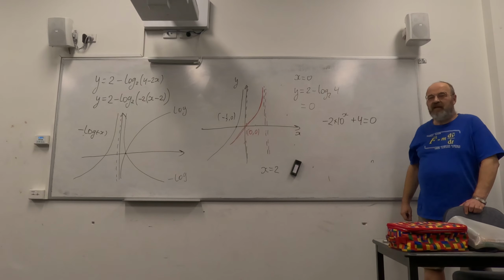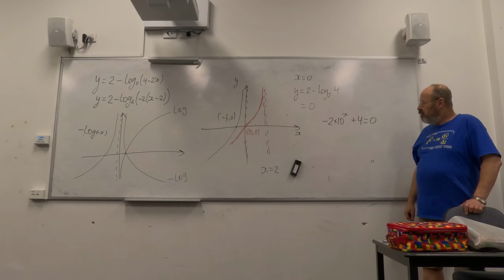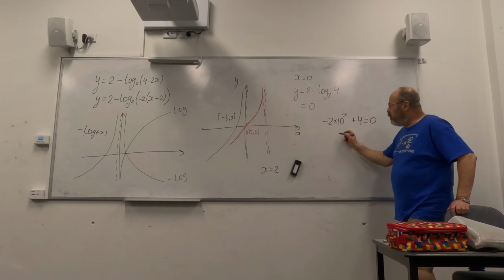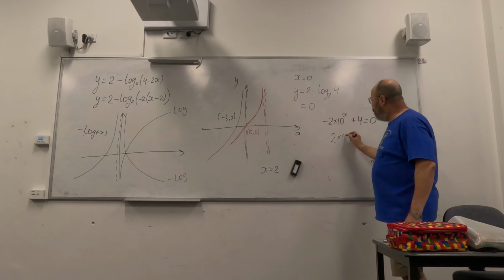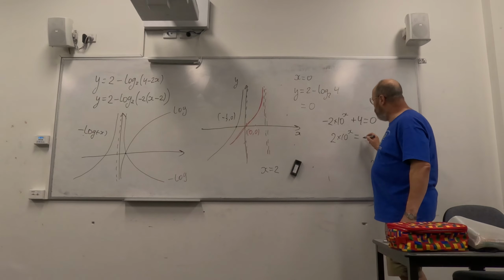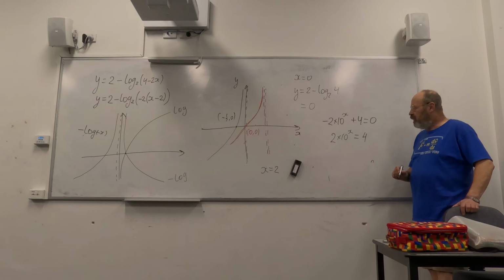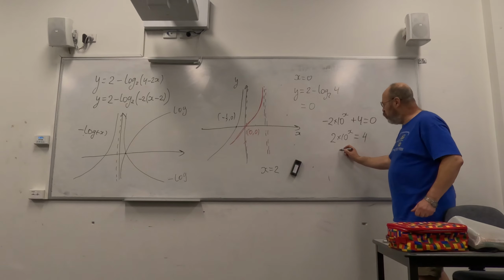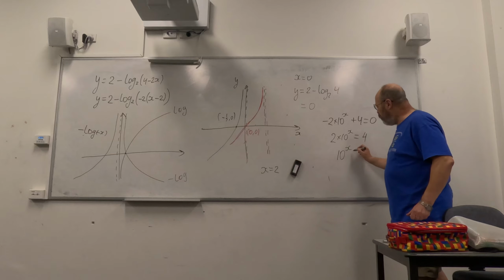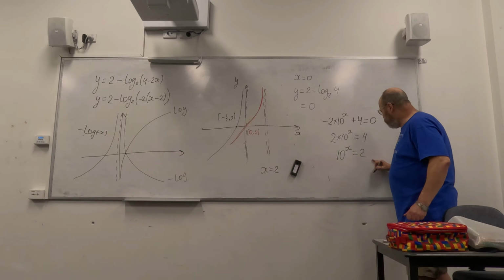First I will rewrite it as 2 times 10 to the power of x equals 4, not negative 4, positive 4. Divide both sides by 2, you get 10 to the power of x equals 2.